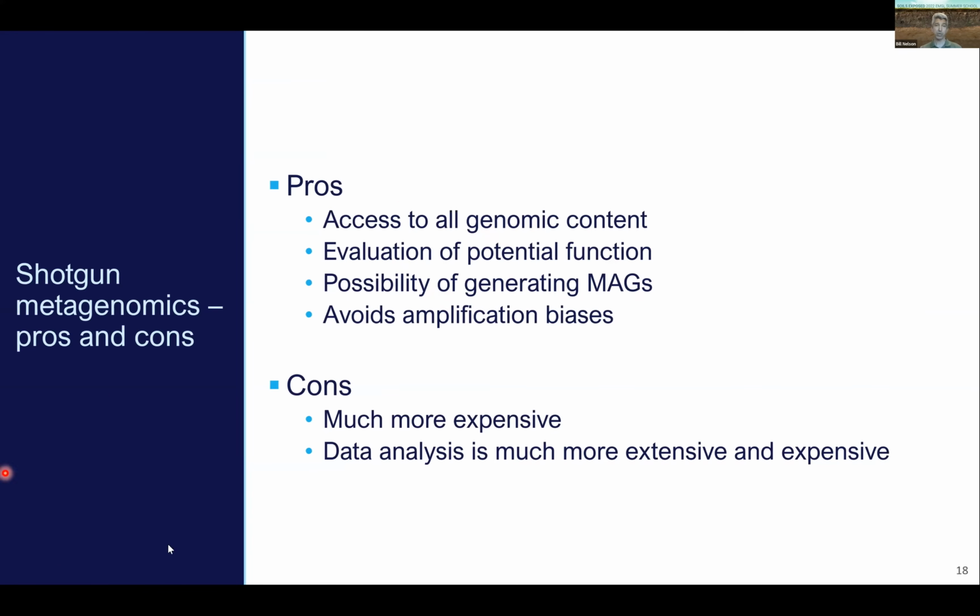The cons: one is that it's much more expensive, as we've talked about, and the data analysis is much more extensive and therefore also expensive. Another one that I thought of here is that, as Marie mentioned, you can't tell from metagenomic data whether the organism you're looking at is alive or dead, or if any of the genes are being expressed, or which of those genes are being expressed. So it only gives you potential, it doesn't give you actual function.